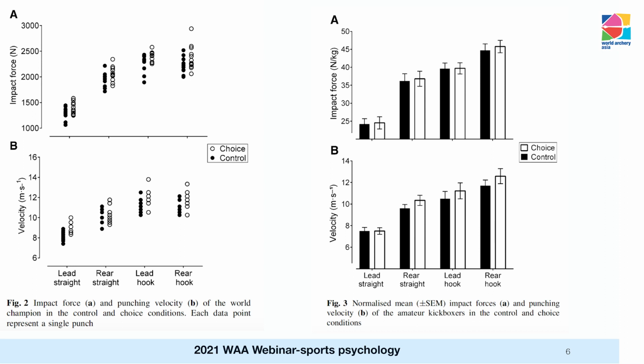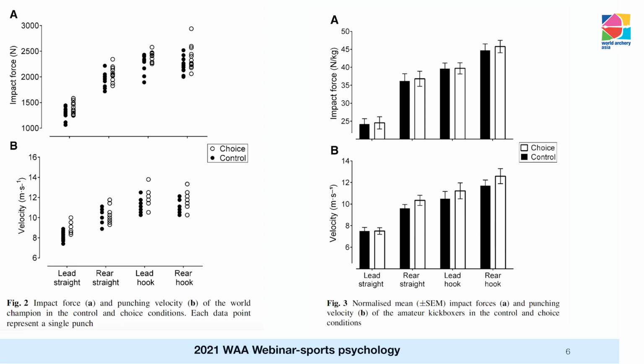So the researchers were wondering whether this kind of effect can also be found in intermediate players. So in a follow-up study, they recruited a group of amateur kickboxers, and the same training conditions were compared. And here we can find actually there is a very similar pattern, meaning when the kickboxers can have choices, the performance is better in terms of the force and the velocity of the punch.